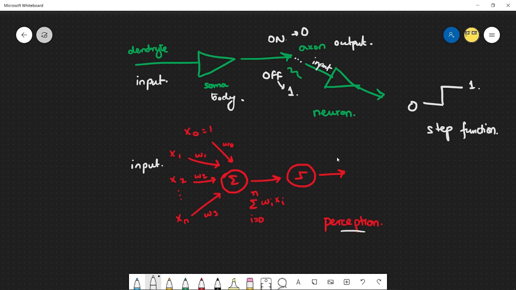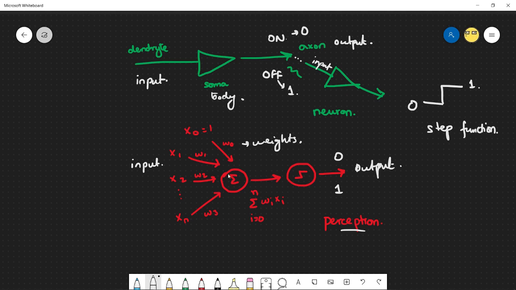So this will also fire 0 or 1, and that is going to be your output. When the developers thought of making a perceptron, they really looked at how the neuron is made and tried to replicate that. So a perceptron is truly an artificial neuron, and it is being acted upon by inputs as well as their weights here.